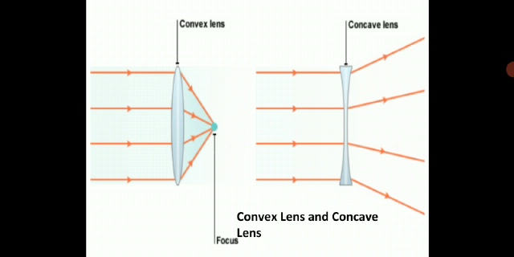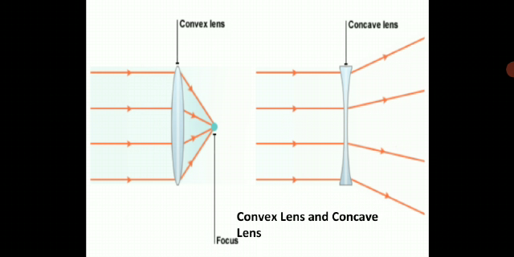Whereas in the concave lens, you can see light rays falling on the concave lens, children, here. When they get reflected, they will go in different directions, they will get scattered. That's why it is called a diverging lens.